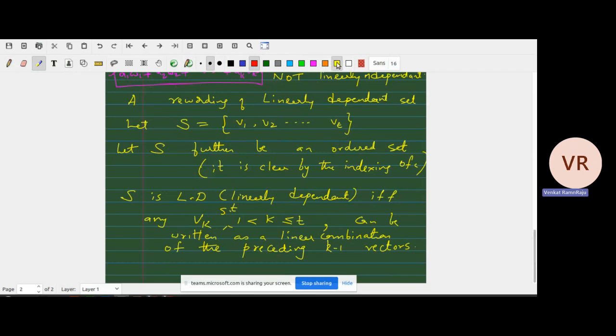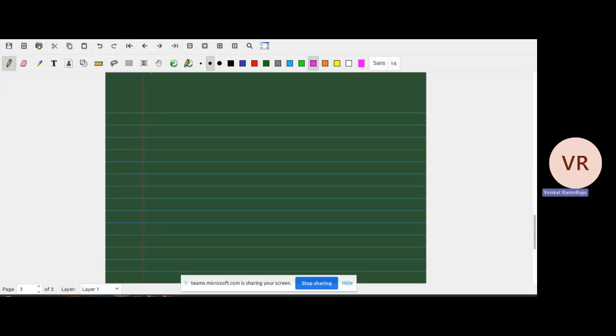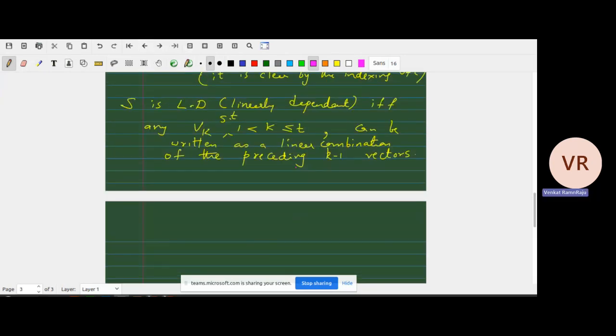So this gives you a hint of what you learned in the lower classes. In fact, I want to say something more. Let us confine ourselves to finite dimensional vector spaces, more concretely R^n.